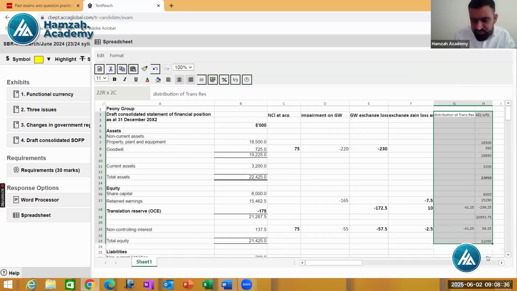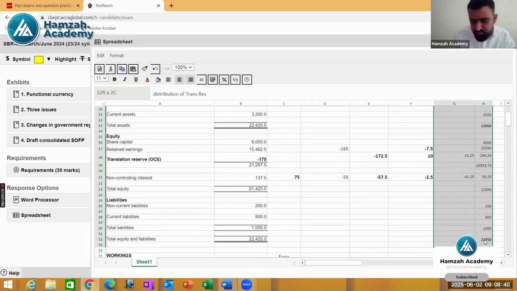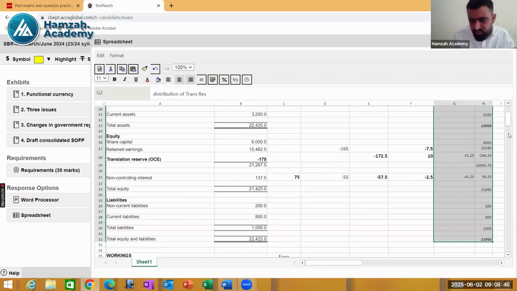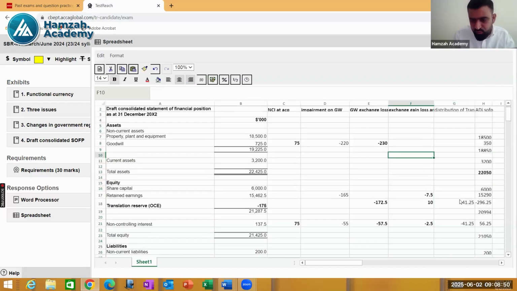And you can see here that 25% of 165, that is 175 minus 10, so 165, 25% is credited in translation reserve and debited in NCI.